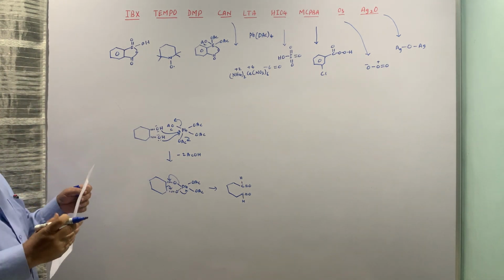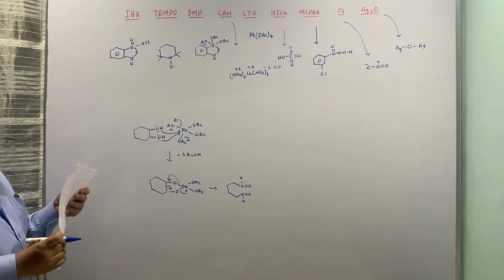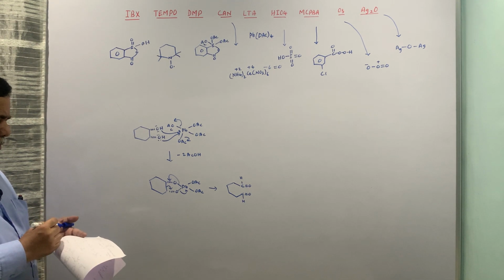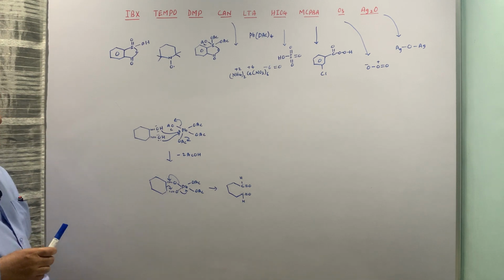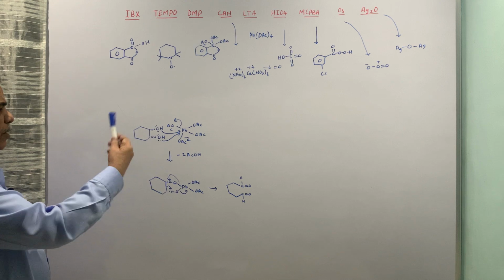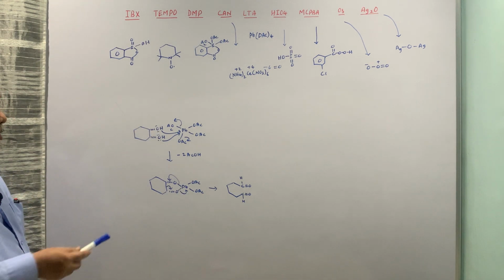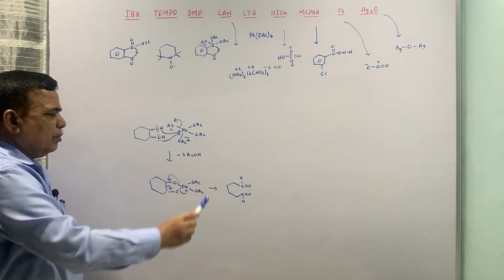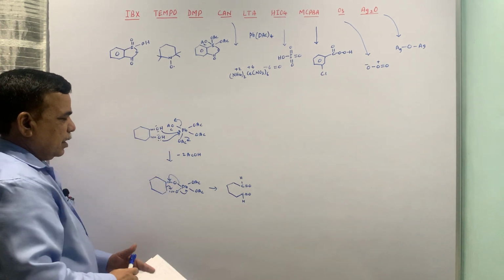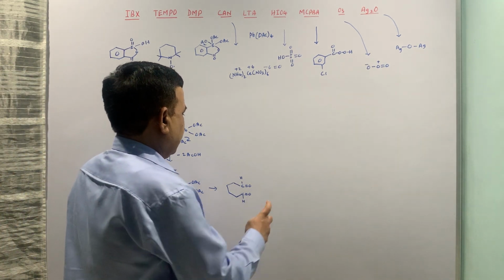So lead tetraacetate brings about oxidative cleavage of diols to the corresponding carbonyl compounds. It can be aldehyde or ketone depending upon the substitution. If I put methyl here, this will be a ketone and so on. And what is the outgoing entity?